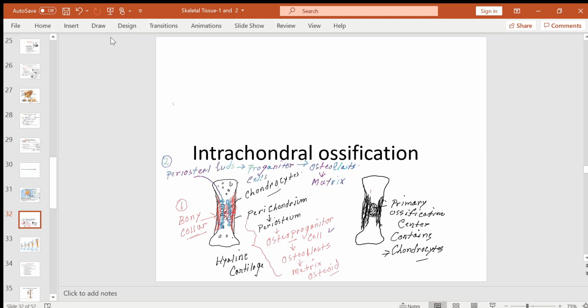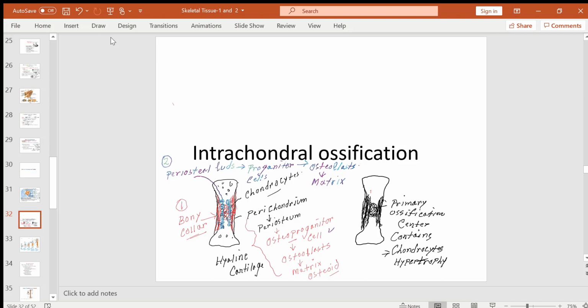What happens here? This is interesting. These chondrocytes will start to get enlarged, bigger, and that is called hypertrophy of chondrocytes, H-Y-P-E-R-T-R-O-P-H-Y.